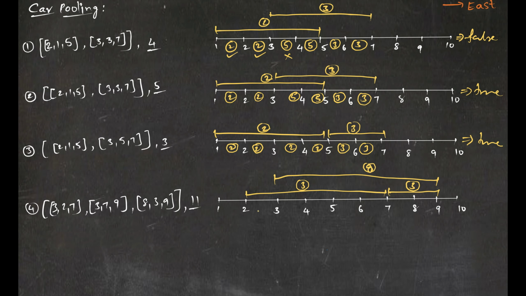If you look at the number of passengers between the kilometers, here it is 3, here it is 11, here it is 11, 11, 11, here also it is 11, here also it is 11, and my maximum capacity is 11, which is all fine for all the trips. So it is also true.